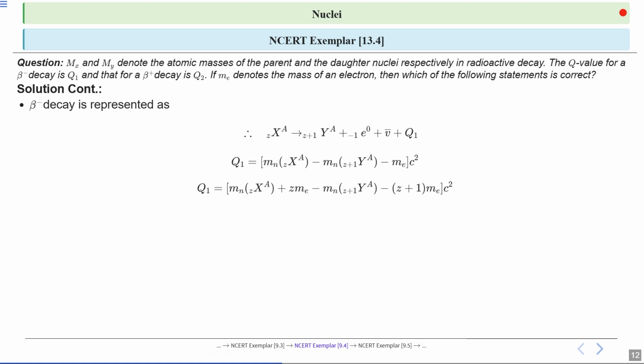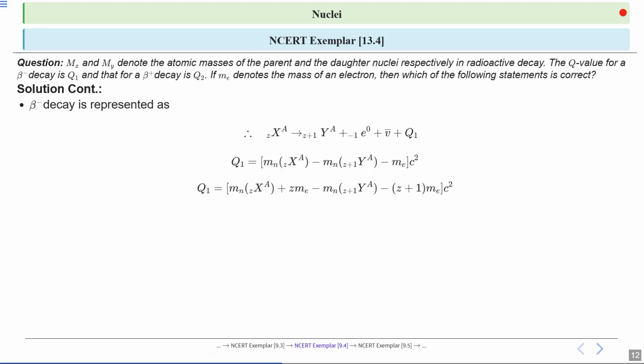Mn here is the mass of nucleons and Me is the mass of the electron. After some modifications, the equation becomes Q1 equal to the mass of nucleons of parent nucleus X plus Zme, that is the mass of all electrons present in the parent atom, minus the mass of nucleons of daughter nucleus Y, minus Z plus 1 Me, that is the number of electrons present in the daughter atom, Z plus 1, multiplied by C square.